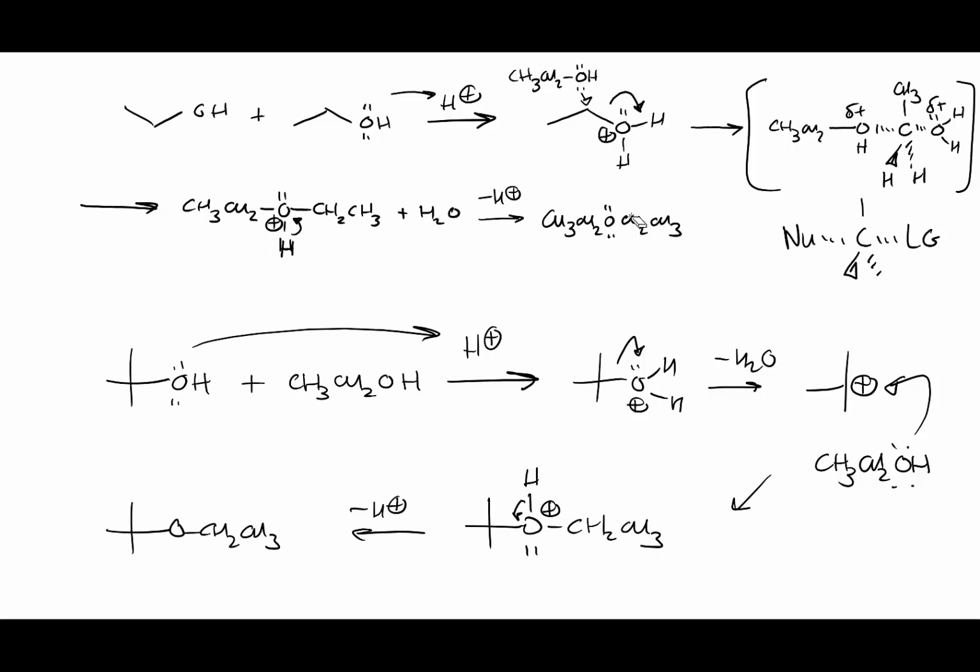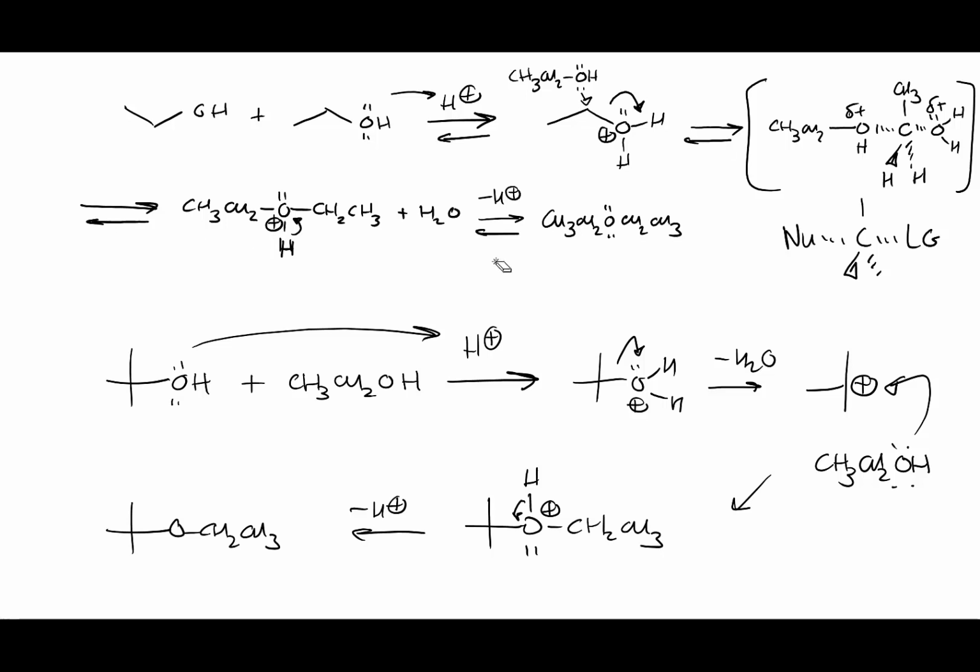But it's my obligation to talk a little bit about when are things equilibrium and when are they not equilibrium? And what you're going to see is this diethyl ether could be equilibrium because I could reverse this entire process by basically adding a proton to the ether and then having water come in and attack and kick off the alcohol. So every one of these steps would be equilibrium.